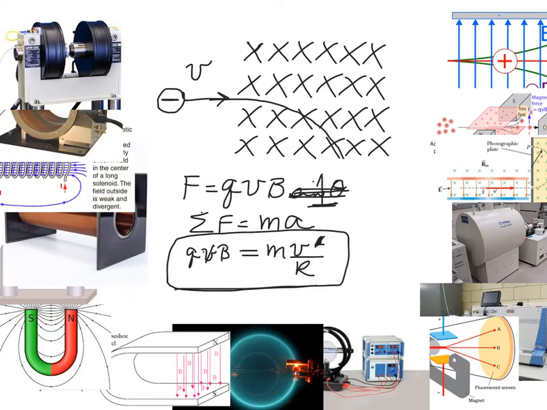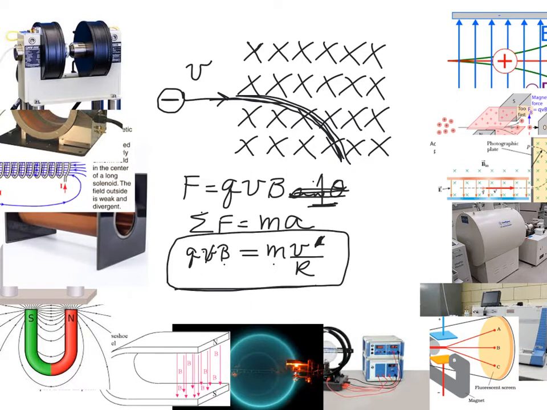So if we knew this is an electron, then we would know its charge, we know its mass. If we knew the field strength and we measured the radius of curvature of the path, then we could calculate the velocity. So as long as we know all the quantities in this equation, we can calculate the other.